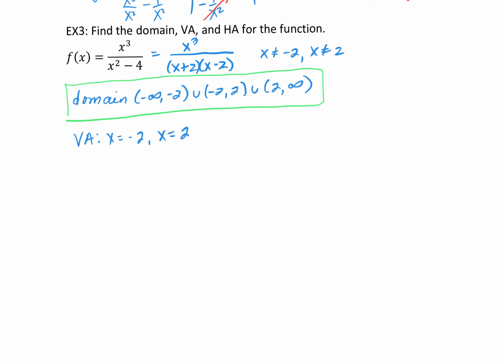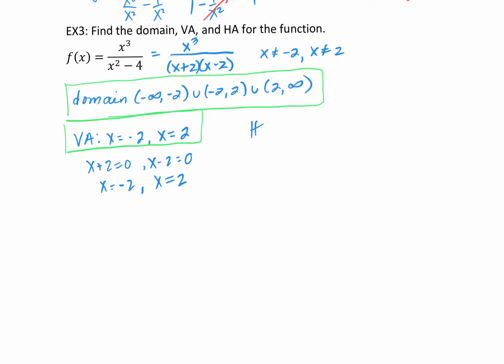Again, if you're not sure, and your denominator is factored, just set each factor equal to 0 and solve separately. And you'll get x equal to -2, x equal to 2. Found our vertical asymptotes. Now we find our horizontal asymptotes.